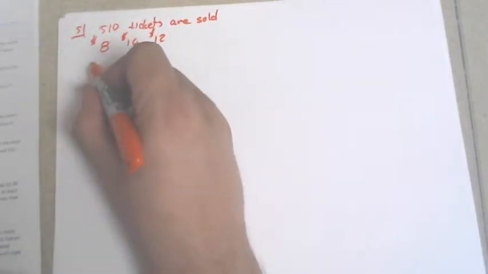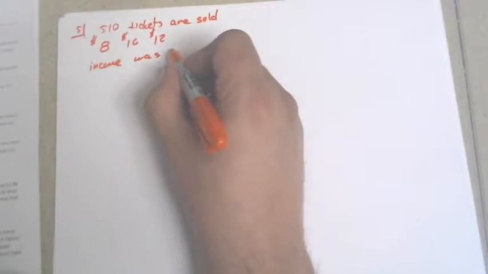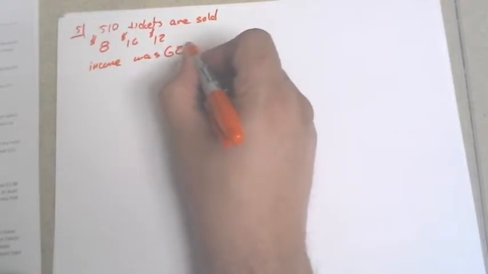So 510 total tickets were sold. The tickets had $8, $10, and $12 as their pricing. And income from the tickets was $6,200.